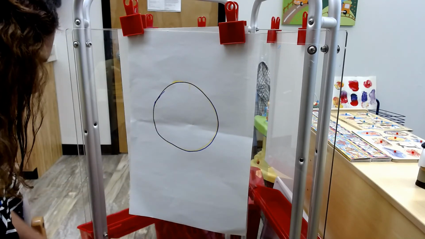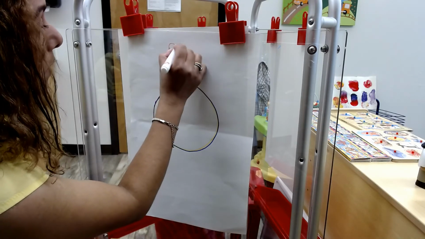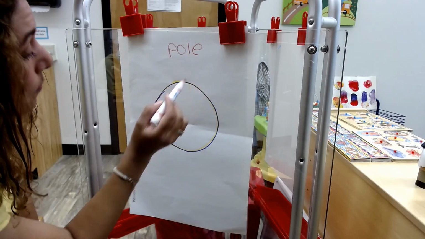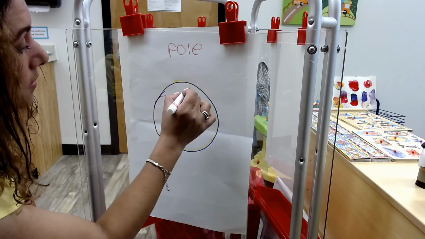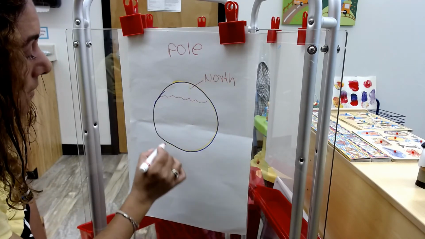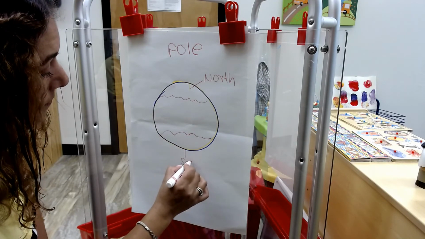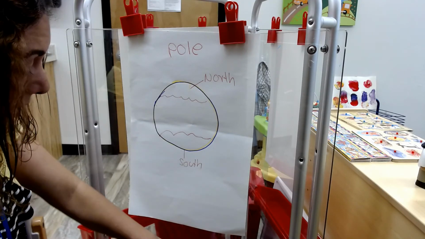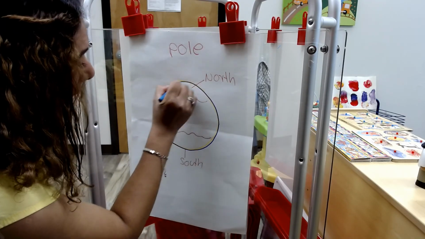So here, friends, our planet has 2 poles. We learned about this word, P-O-L-E, pole. So it has 2 poles. This is the north, and this is the south pole. Those poles are covered with a lot of ice. Ice is just ice.